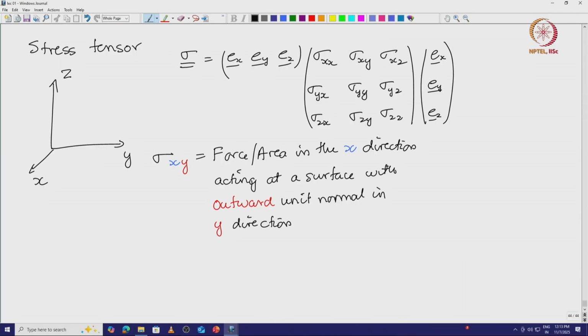So, sigma xx is the force per unit area in the x direction acting at a surface with outward unit normal in the x direction, and so on.